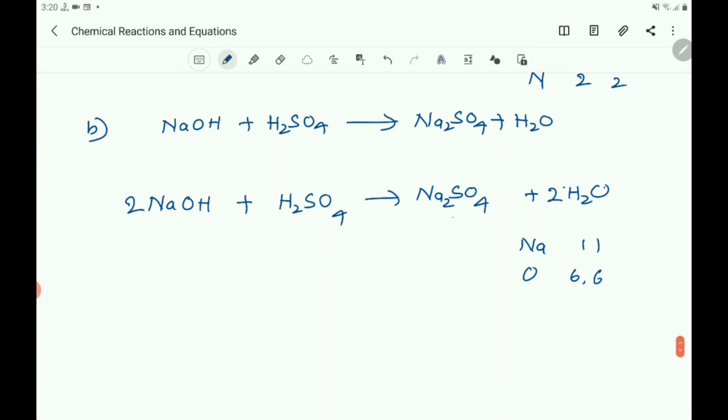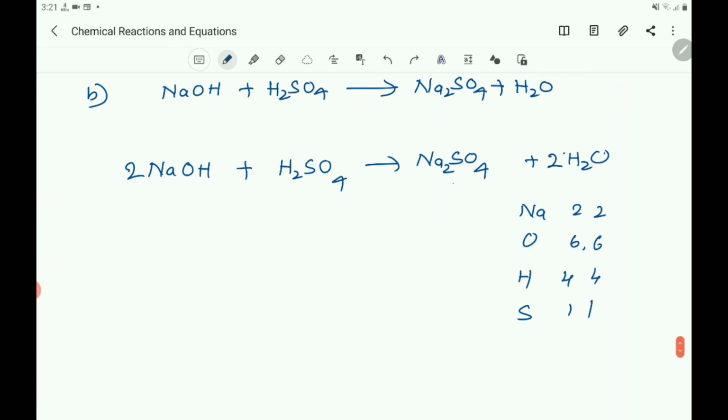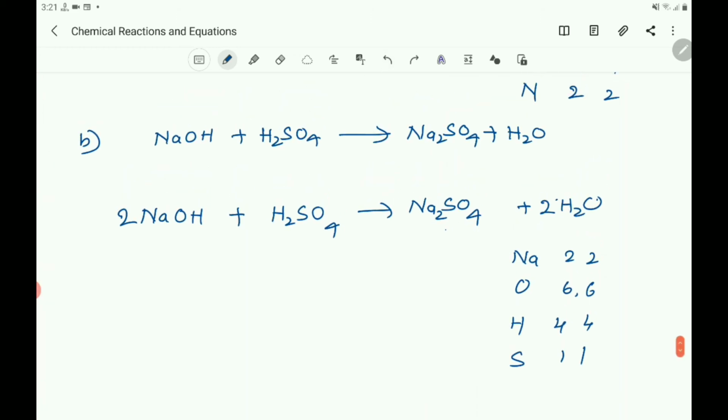Then hydrogen 2 plus 2, 4. Here 2H2 means that is 4. 4, 4 you got. Then S, single atom. S 1, 1. And sodium, 2, 2. In this way you got the balanced equation.